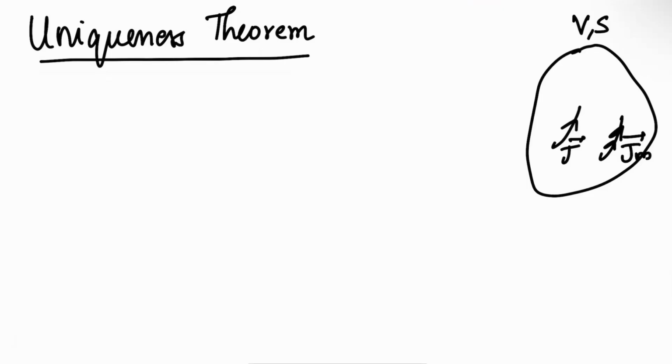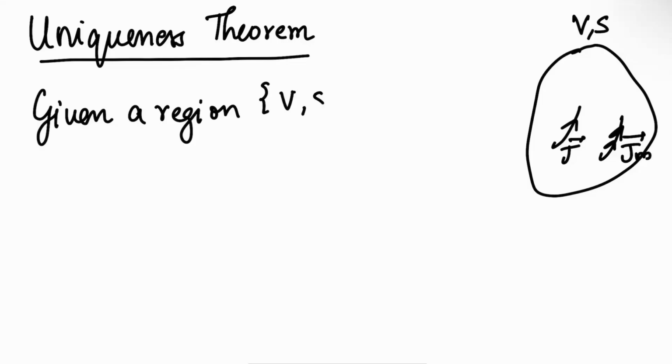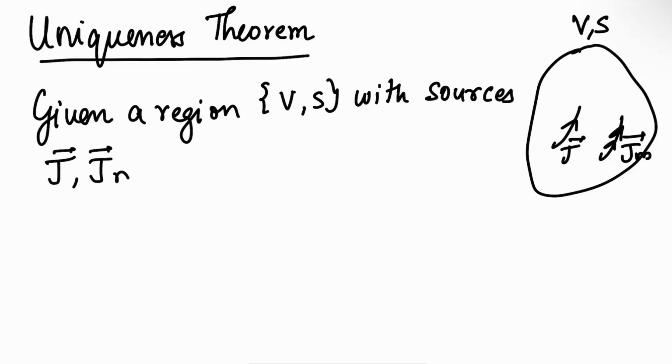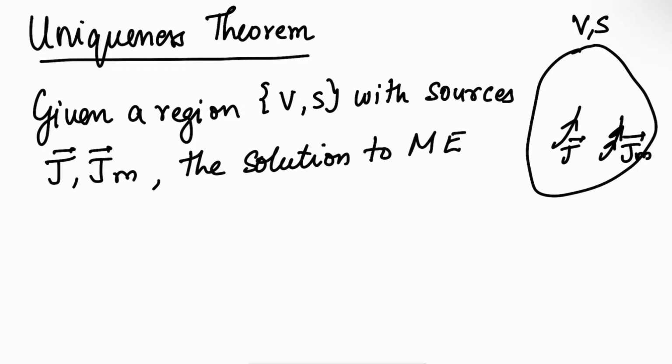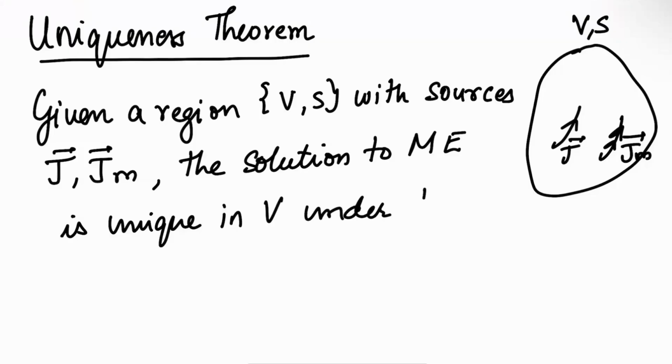Okay. So what does uniqueness say? It says, given a region, let's write it out. V, S with sources J, Jm. Right, the solution to Maxwell's equations is unique in V under the following conditions.